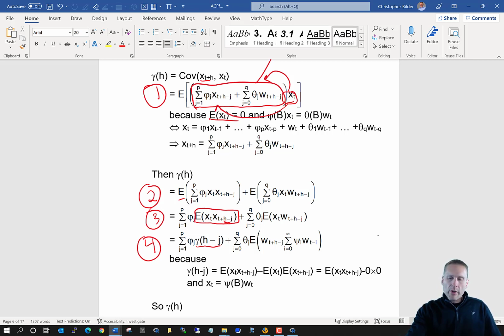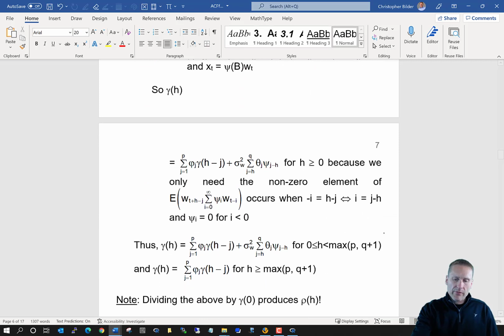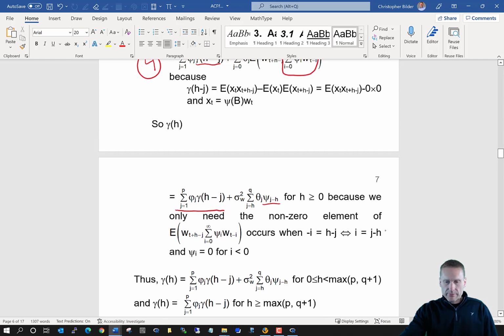Also, I can rewrite my model in terms of what, again, x of t represents if I were to write it in terms of an infinite order moving average, and that's what I did in this particular step 4 as well. So then our autocovariance function can be represented like this: the sum from j equal 1 to p of phi sub j gamma of h minus j, plus sigma squared w, the sum j equal h to q of theta j psi sub j minus h.